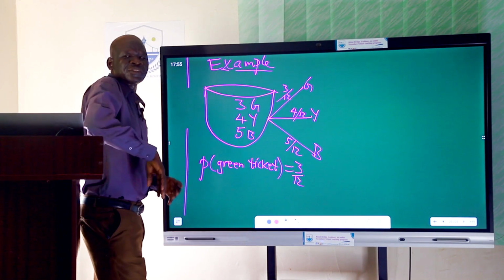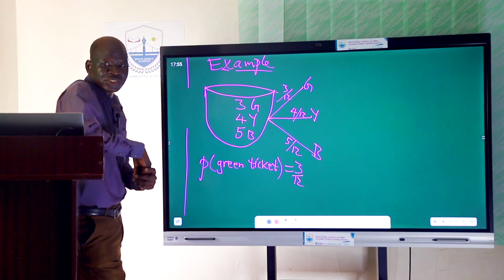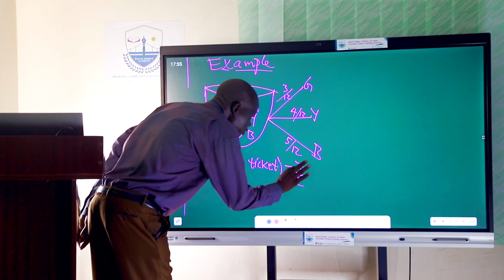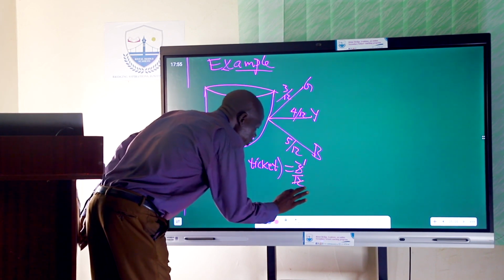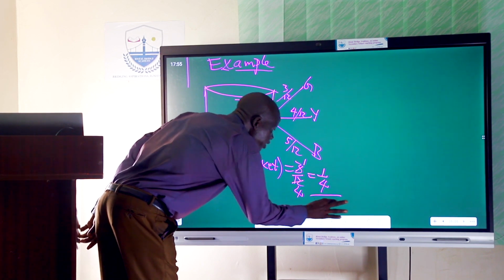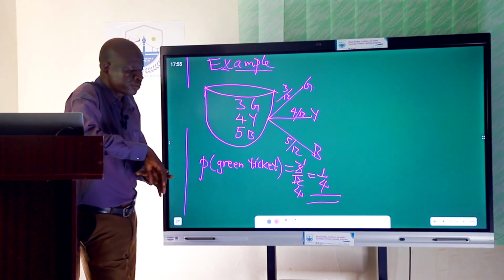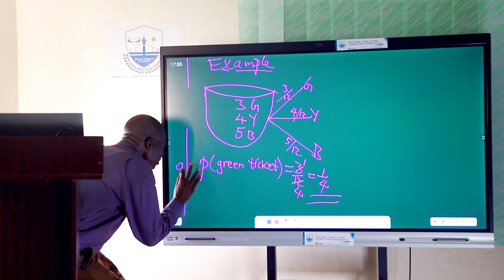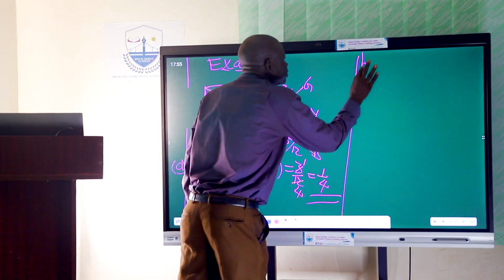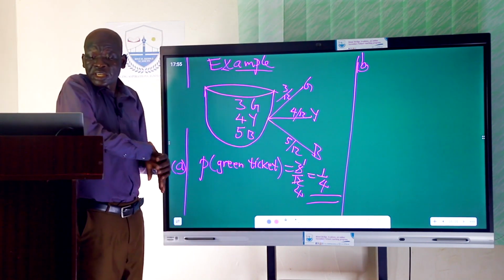But we cannot leave it as 3 over 12, since 3 and 12 have a common factor. When we reduce by 3, we get a quarter. So the probability of getting a green ticket will be a quarter. This is part A.